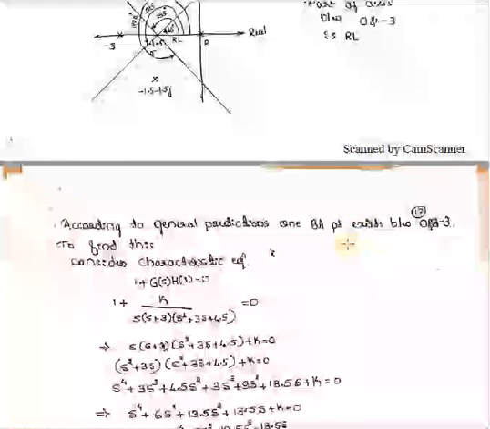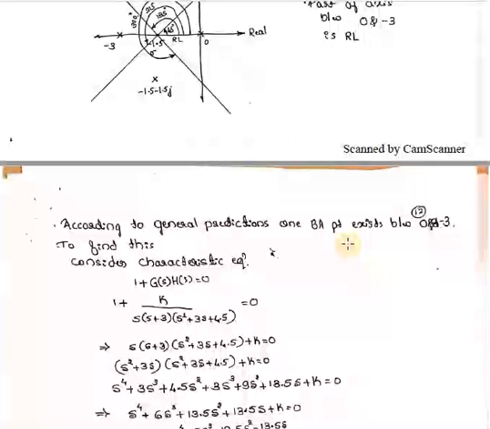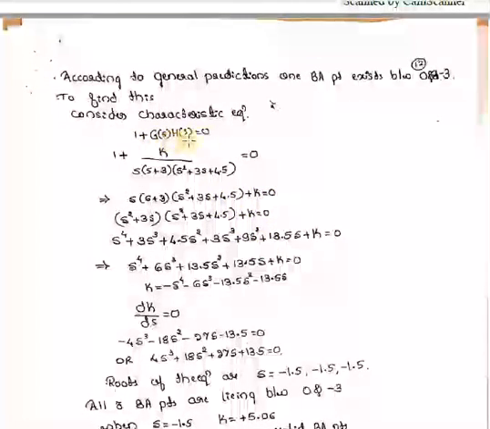Now you need to identify the breakaway point. According to the general prediction, the breakaway point should lie on the RL, that is, between 0 and minus 3. To find that, consider the characteristic equation 1 plus G(s)H(s), substitute the values and simplify to get the equation for K. You get K equal to minus s to the 4 minus 6 s cubed minus 13.5 s squared minus 13.5 s.